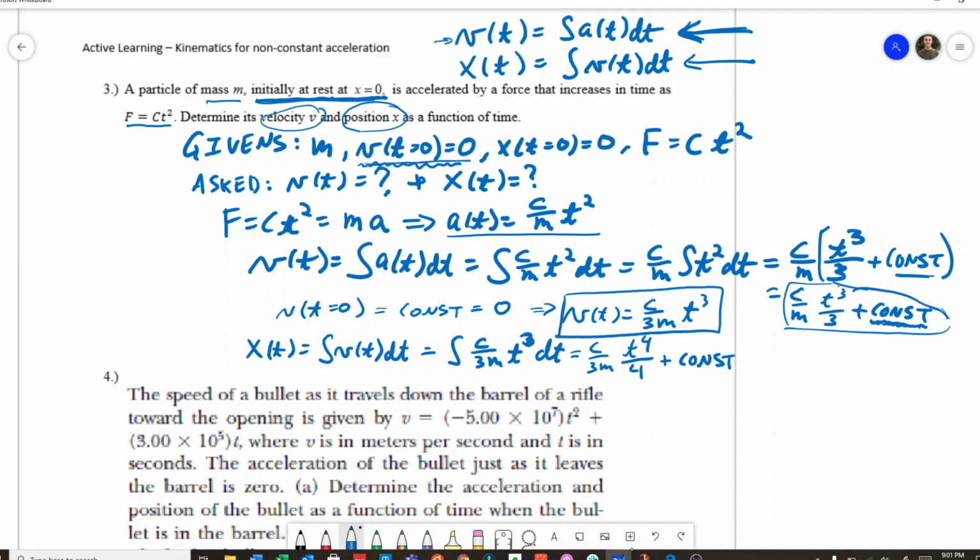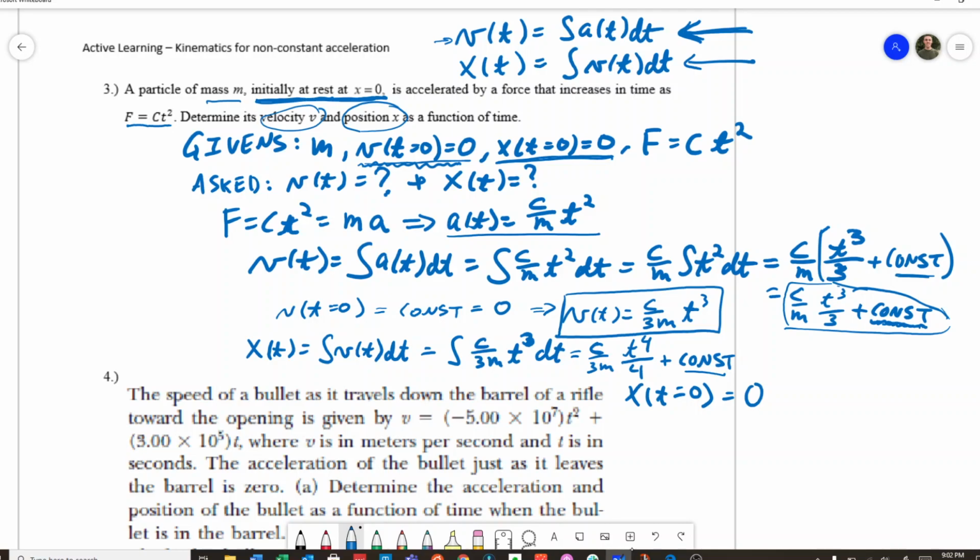And so I can again plug in my boundary values to get the value of this constant. I don't want to leave this in terms of an arbitrary constant. I want to find what that value is, and the initial conditions will help me do that. So if I plug in x at t equals 0, I get that that is equal to 0.